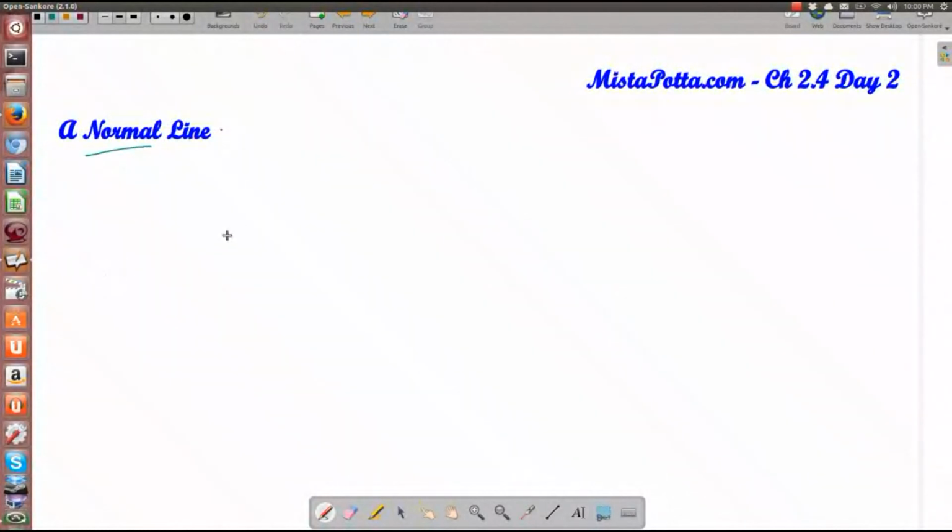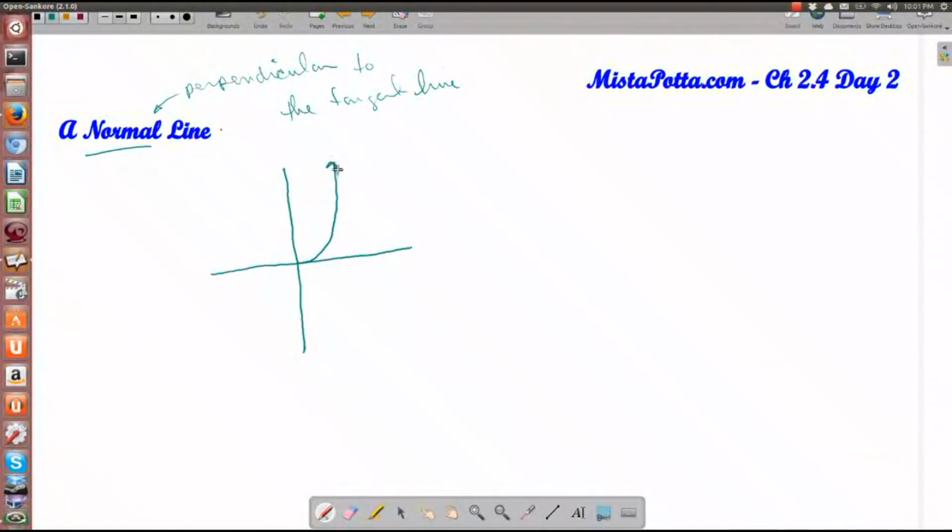So one of the last things I need to talk about is this concept of a normal line. And whenever I say normal, just realize that normal is going to be perpendicular to the tangent line. So in the case that I had before with this parabola, y equals 16t squared, here at t equals 1, there is a tangent line.